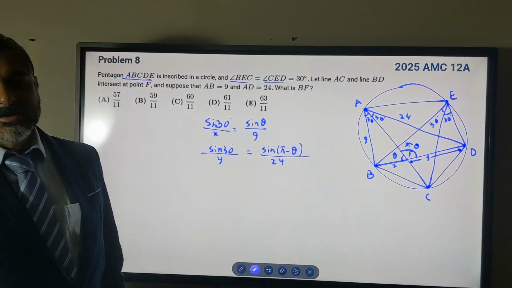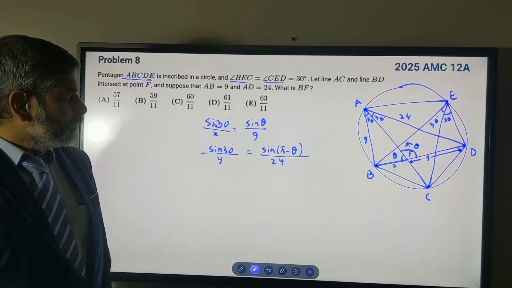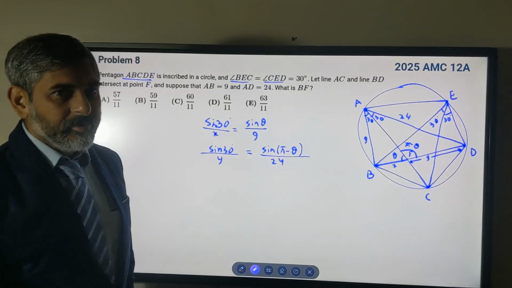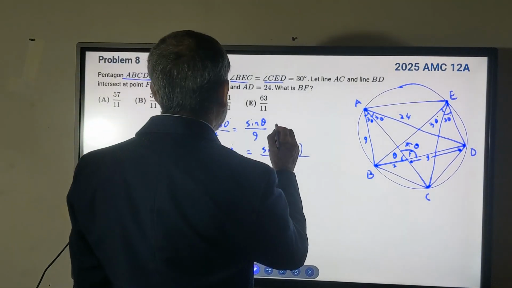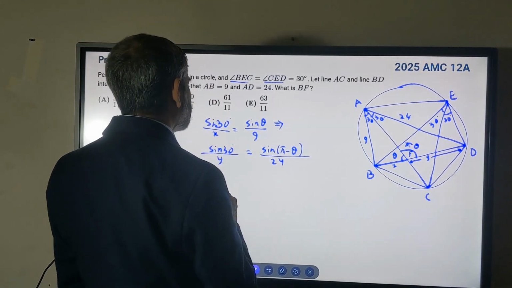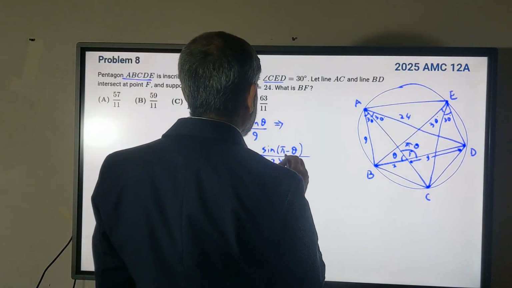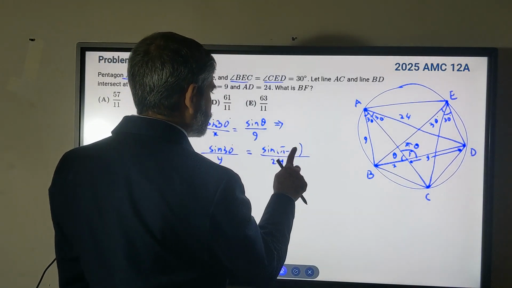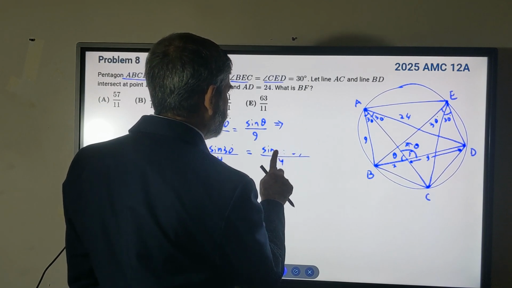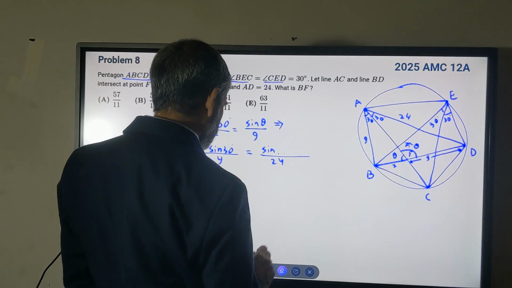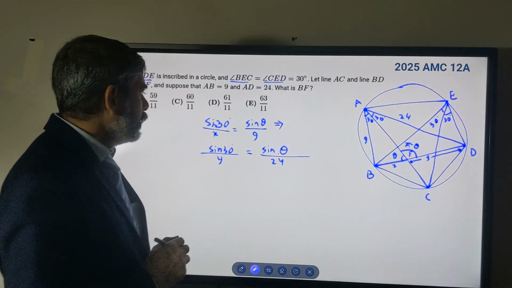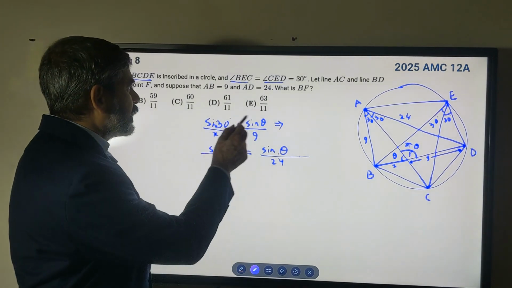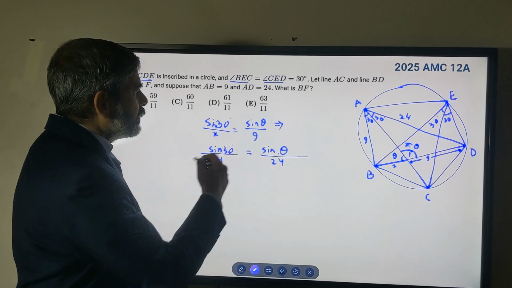Now this is giving us some kind of interrelationship, although we have two variables and we need to find one variable x. So let's simplify this. Sine of 180 minus theta is the same as sine theta, so I'll just write it sine theta.